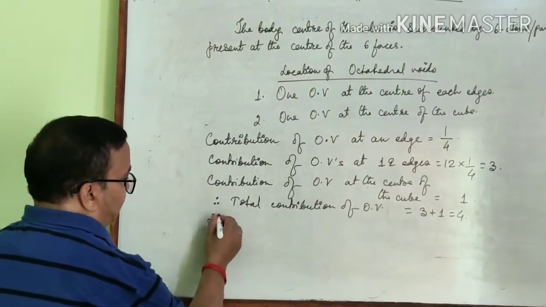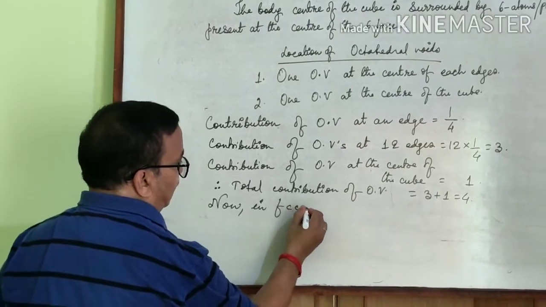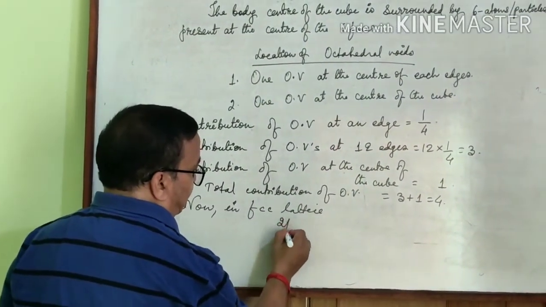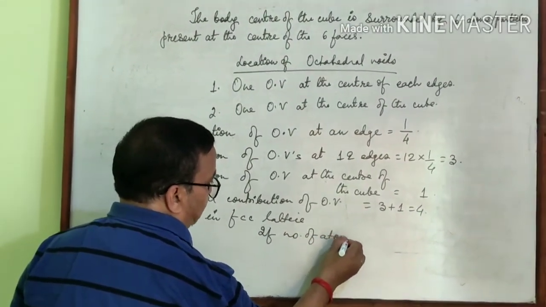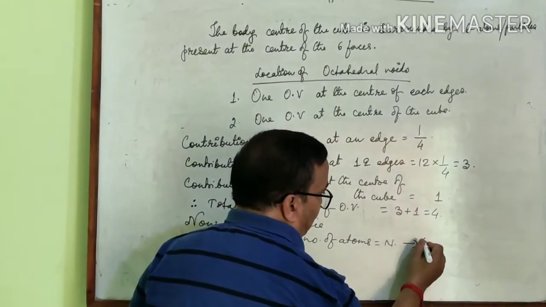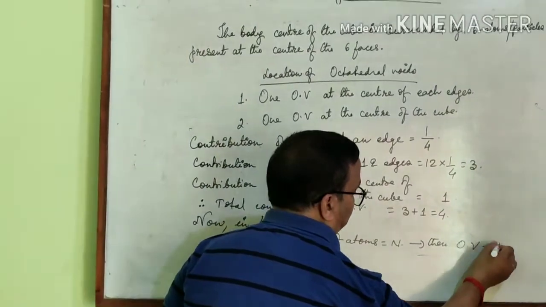Now in an FCC lattice, if the number of atoms is equal to n, then octahedral voids are equal to n.